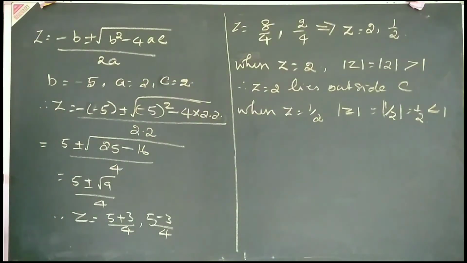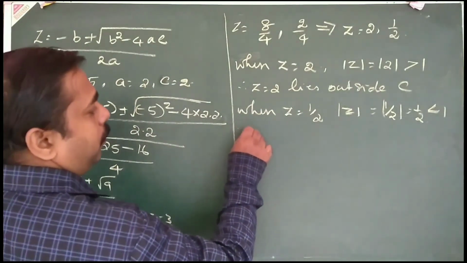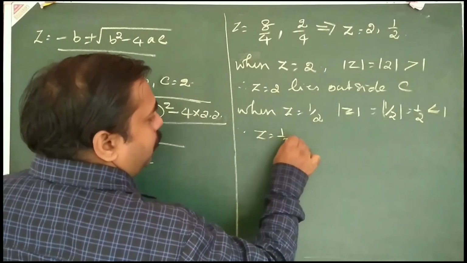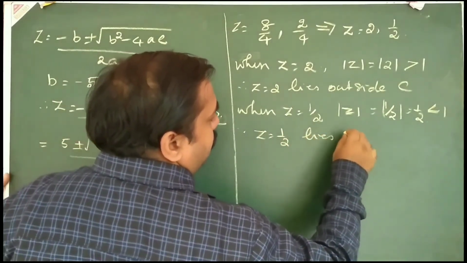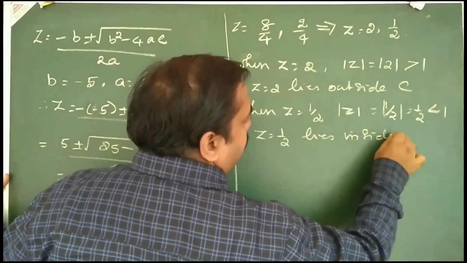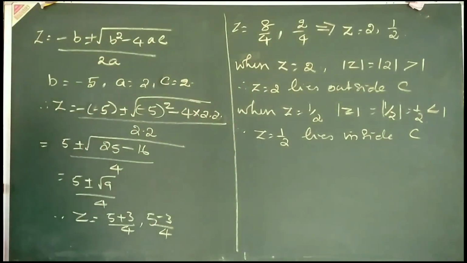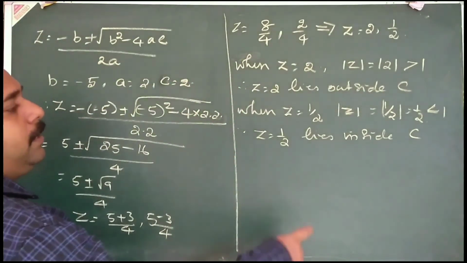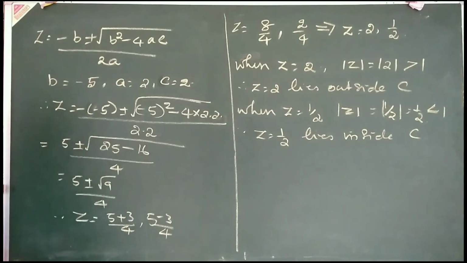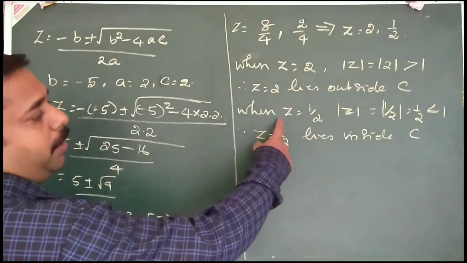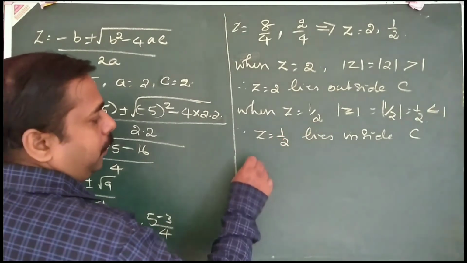So our calculated value is less than 1. Therefore z is equal to 1 by 2 lies inside C. So only one point lies inside C, that is z is equal to 1 by 2. So at this point we have to find the residue.